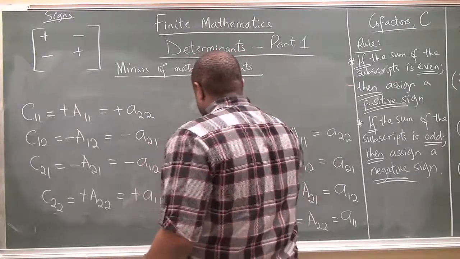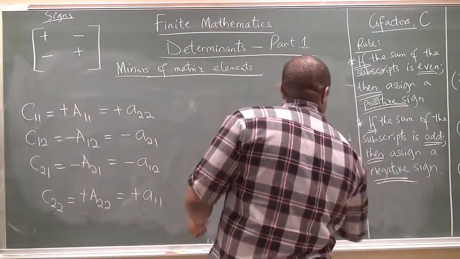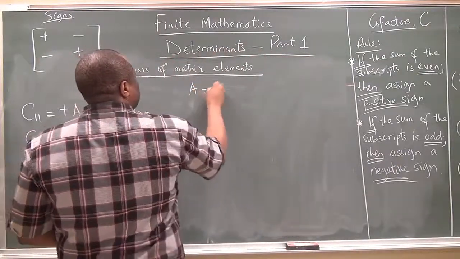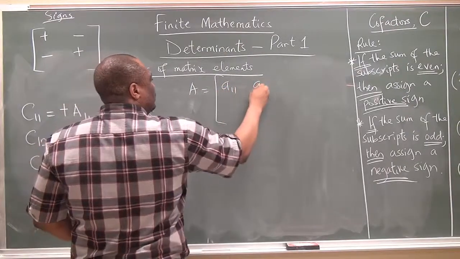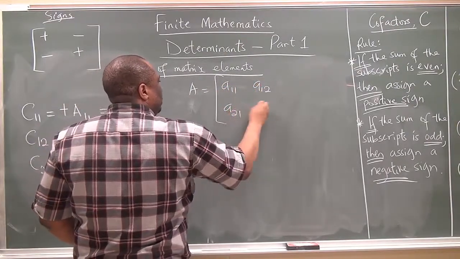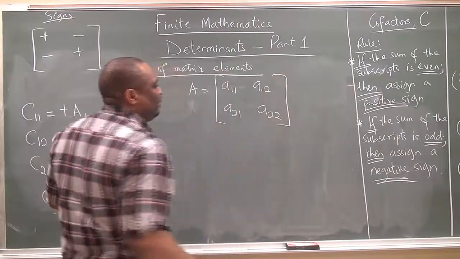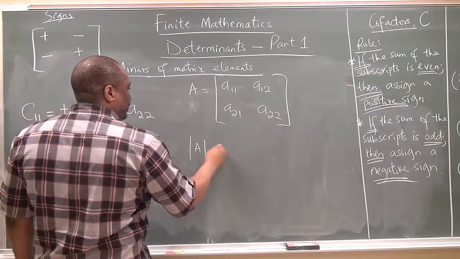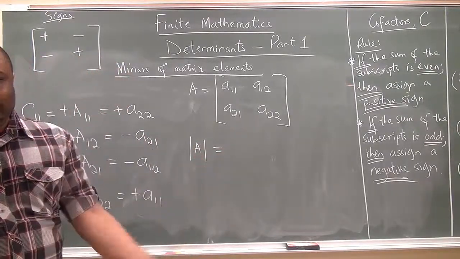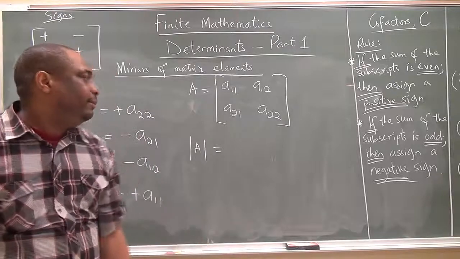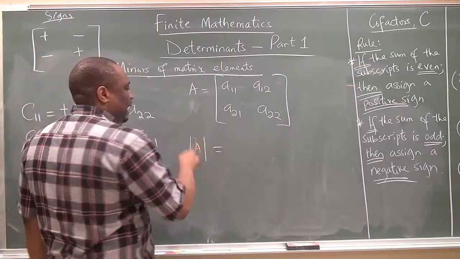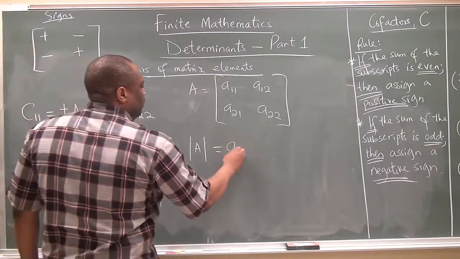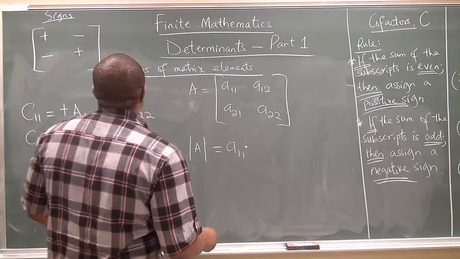Now, let us go ahead and find the determinant of what we are talking about. Say that A is A11, A12, A21, A22. So remember the formula I gave you earlier: determinant of A. These are vertical bars, please. So that will be A11 times C11.